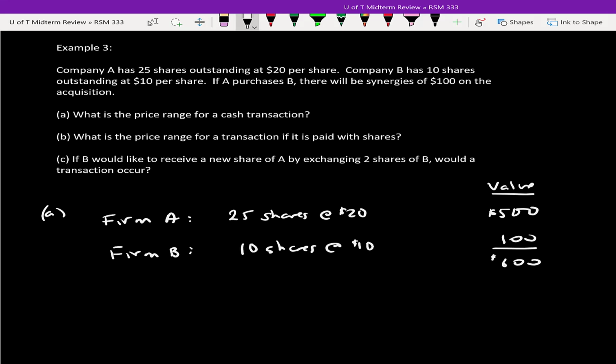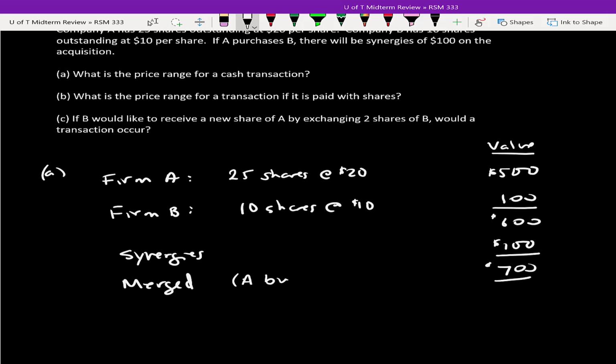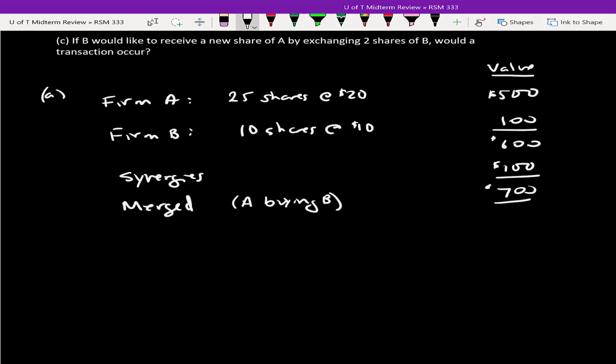If there were no synergies, the combined value would be 600. But we're told that synergies exist for 100, so the merged value would be $700, with A buying B.